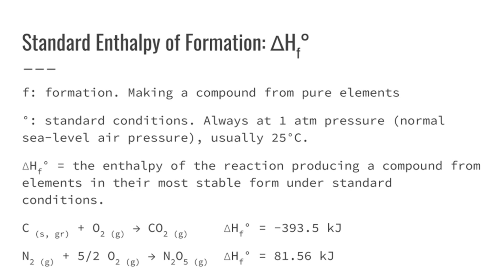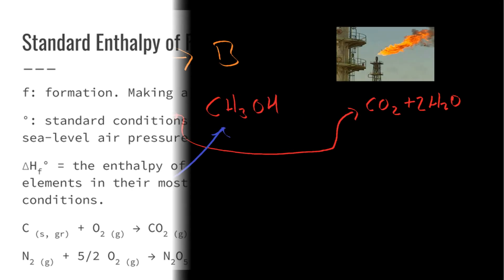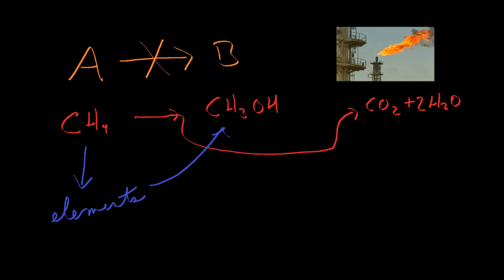So the standard enthalpy of formation lets us come up with an intermediate step in between the reactants we're working with and the products we want to get to. Because we can do a normal Hess's law problem like we've been doing, only instead of these random equations we've been working with, we can break the compounds down into their elemental forms.